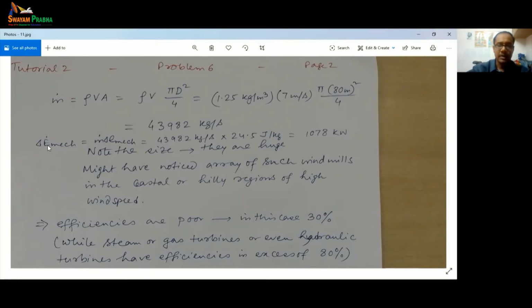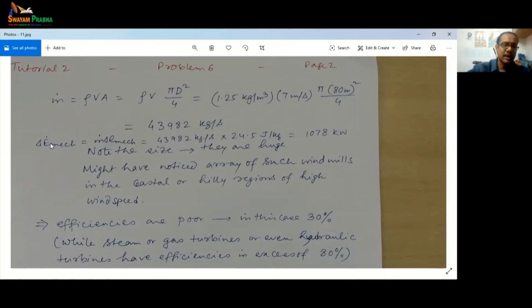This delta of E dot mechanical is equal to mass flow rate times delta of small e mechanical, that is, the mass flow rate we just found, 43,982 kg per second, multiplied by 24.5 joule per kg, which we found on the last page, and that multiplication gives us 1078 kilowatt.